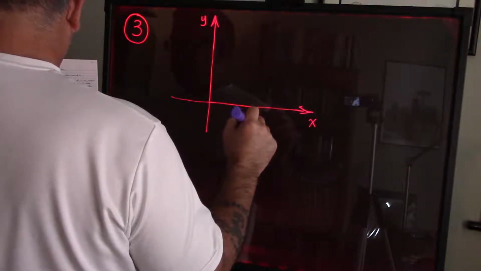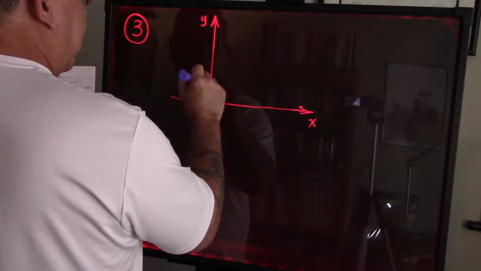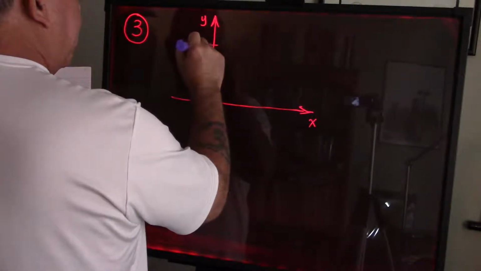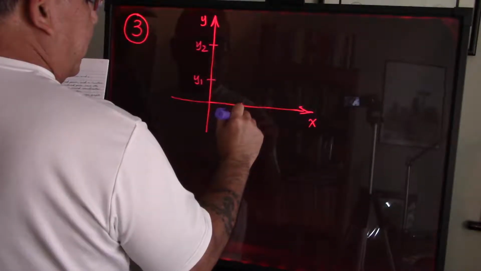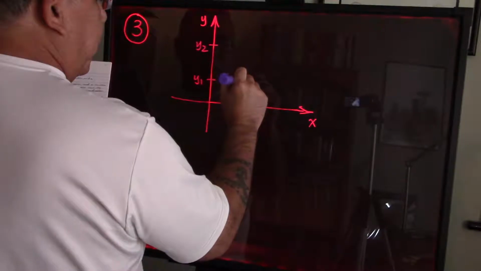Let's say it's got x, y1, here's y1, and x, y2. Here's y2, and let's say that's x. So we plot those 2 points.